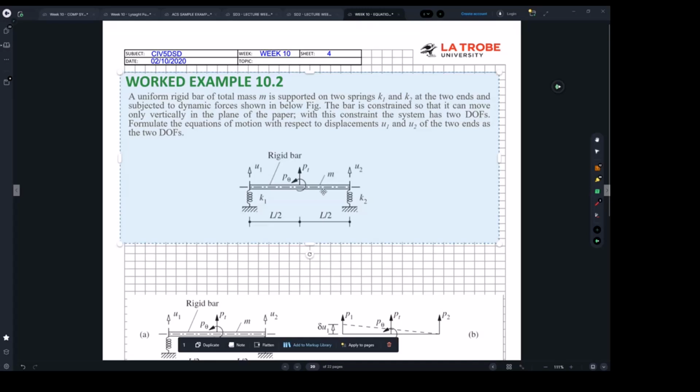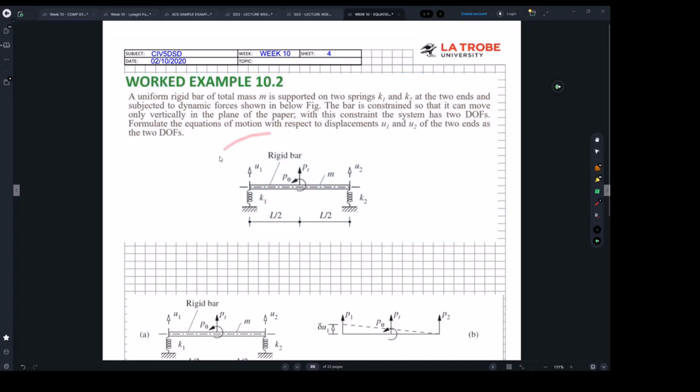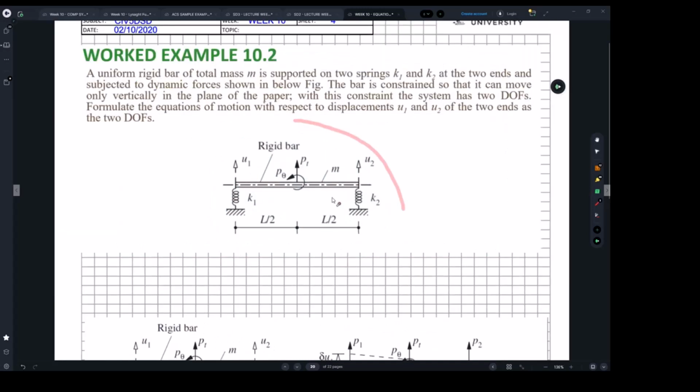Let me brief you about this. I know it's a textbook image, but it can happen in various applications. So what we have here is different than a building. This is not an elevated building with a ground motion to shake it.